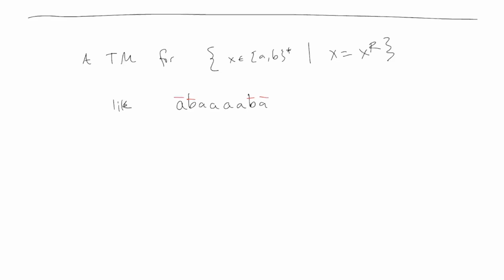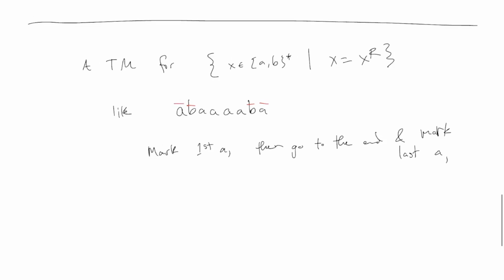What makes it interesting is I have to, for instance, mark the first A, then go to the end and mark the last A. After you mark an A at the beginning, you have to go to the end and mark an A at the end. But if I had marked a B at the beginning, I would have to go to the end and mark a B at the end.